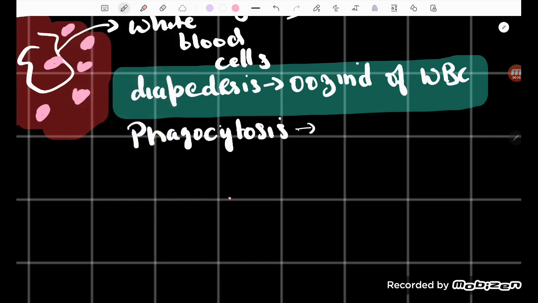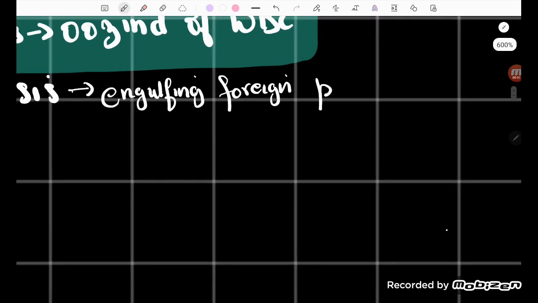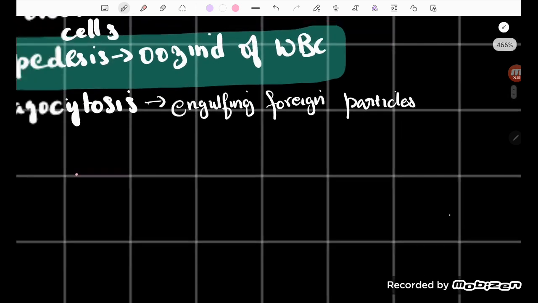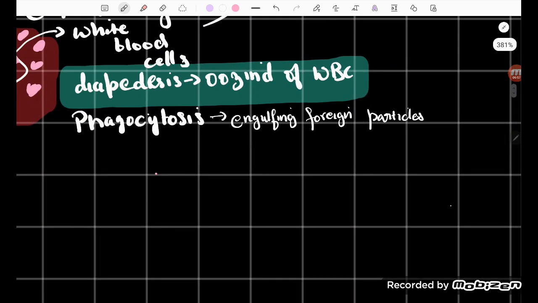Phagocytosis is technically WBCs engulfing foreign particles.